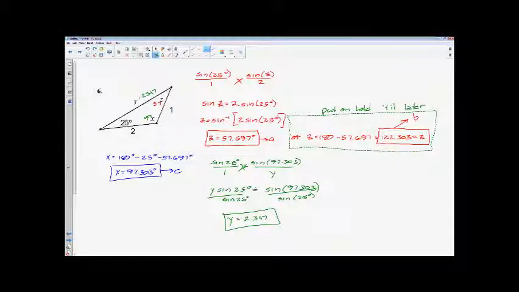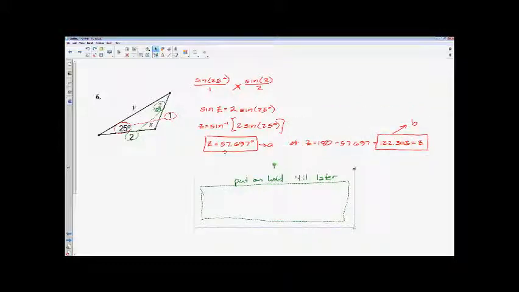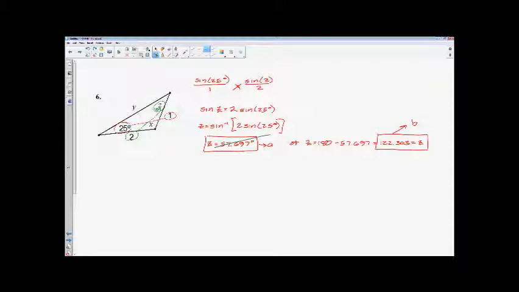Okay, so now that I've solved that one triangle, what I have to do is pretend that all of that isn't there, and solve for the second possible triangle, where z is 122.303. So now we're going to work that problem out, completely ignoring the 57.697. So I'm going to scratch that out. And now we solve all over again with z being 122.